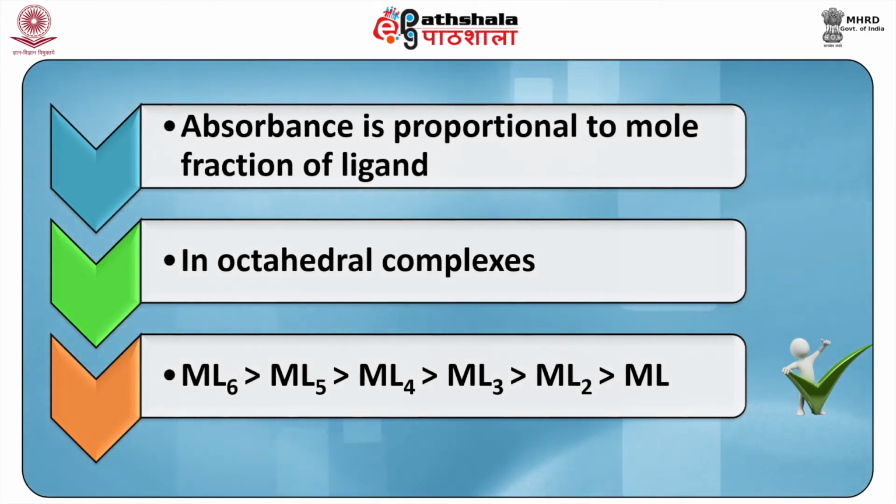Thus, in octahedral complexes, the absorbance follows this order: ML6 complex greater than ML5, the absorbance of this is still greater than that for ML4 complex, then for ML3, then for ML2, and finally for ML metal-ligand bonding. Now here, to specify, L is a monodentate ligand, say for example ammonia.